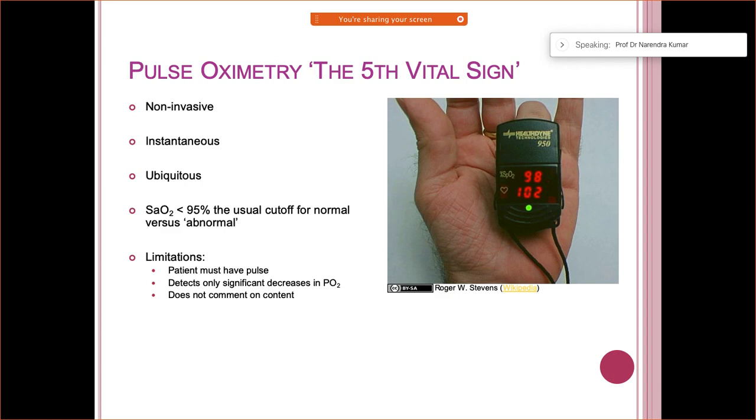But being a wonderful tool, it has its own limitations as well: there should be a good volume pulse, and only when there is a significant decrease will it be able to detect it. And it does not give a comment about the content.